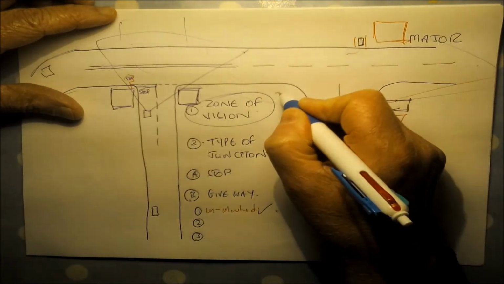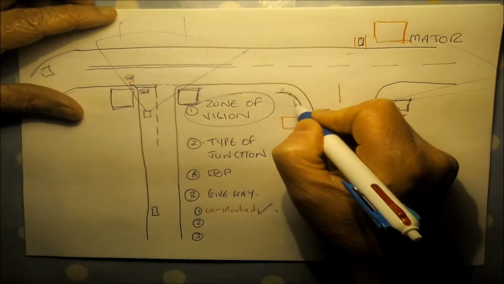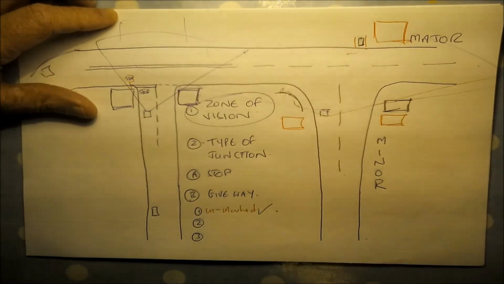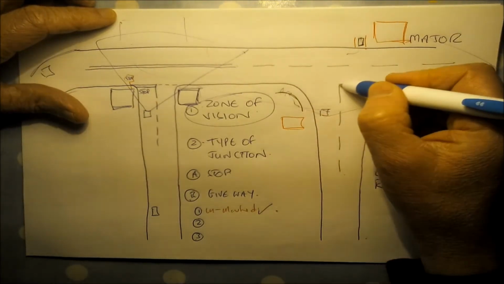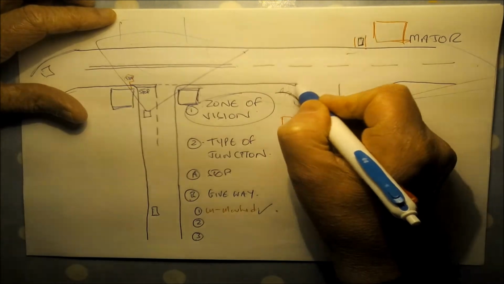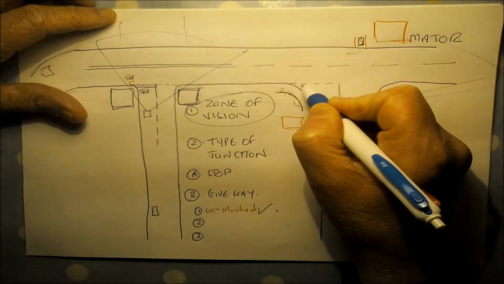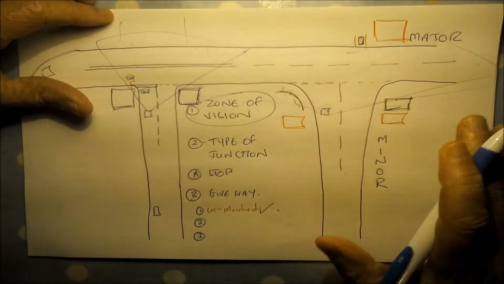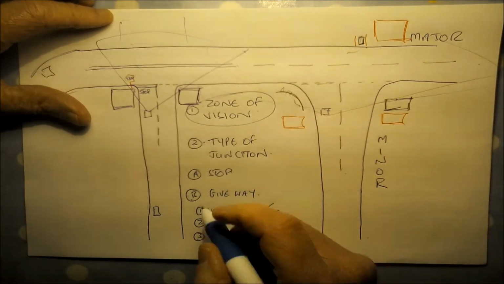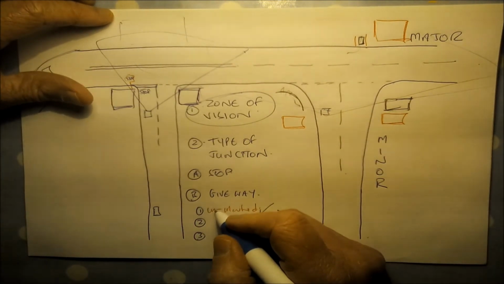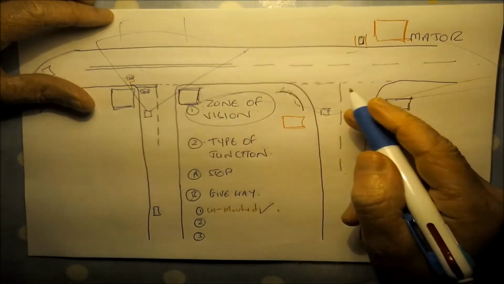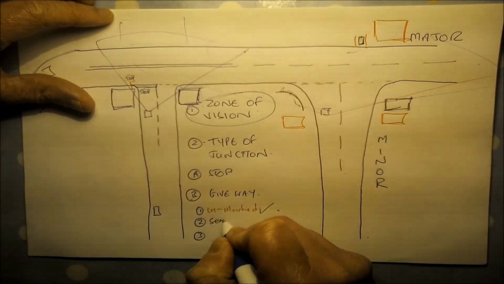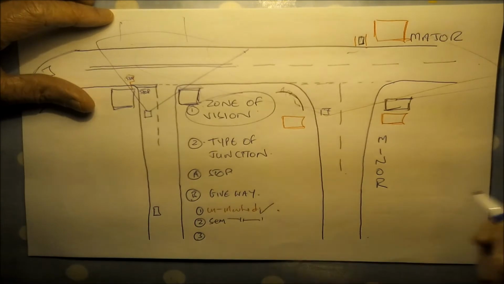There might be somebody's garden wall there with trees and things blocking view a little bit more. So what they may then do is we have the hazard lines, we then get the give way line, dashes on that side, look, and that's what's known as a semi-marked give way.